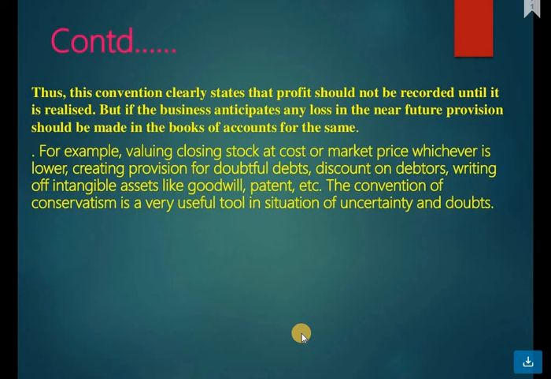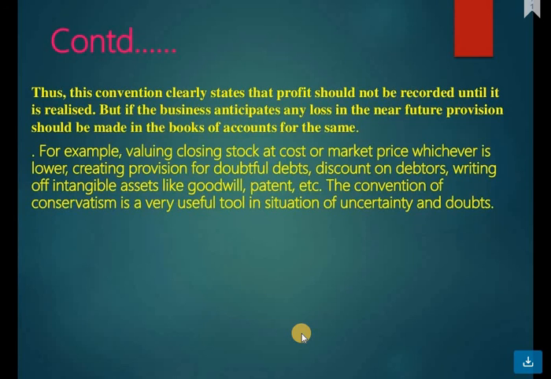The convention of conservatism is a very useful tool in situations of uncertainty and doubt. When you have near future losses, you have to show them, but near future profit you should not show. You should make provision for doubtful debts and intangible assets, any writing off, and all that you need to show, but you should not show the near profit of the business in the accounting records.